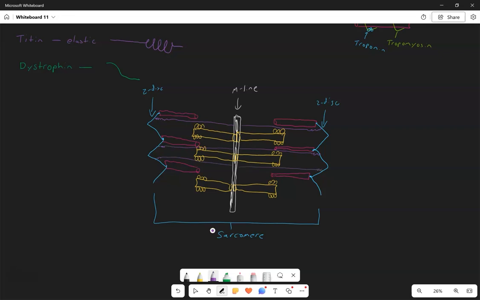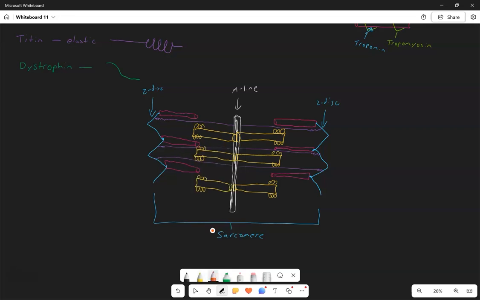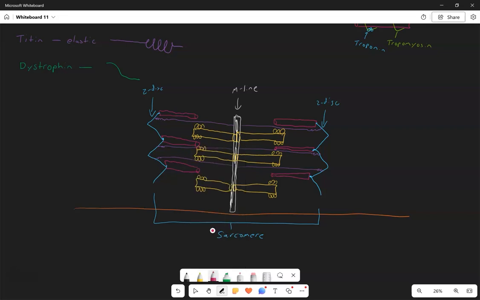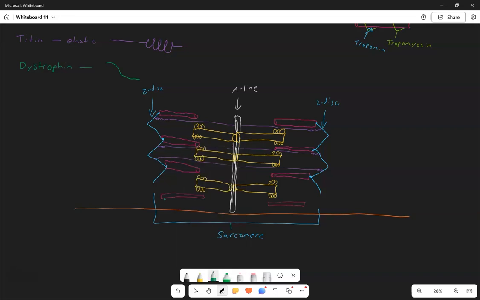And then if we draw our cell membrane right here, there is the dystrophin, which is green. That is going to anchor a thin filament, so I'm going to draw another thin filament down here. That dystrophin is going to anchor that thin filament to the plasma membrane. So nice anchoring of that to the plasma membrane.